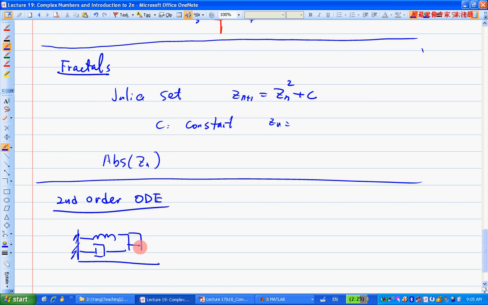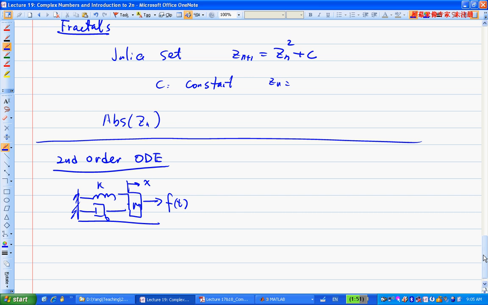We actually have derived a second order differential equation already.